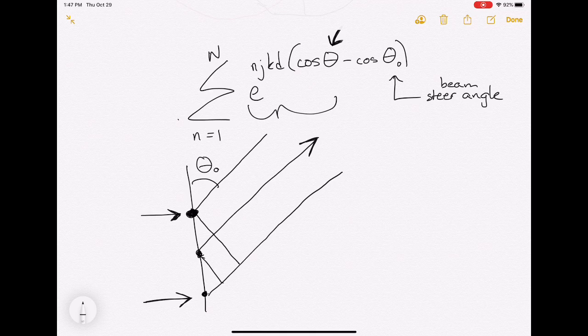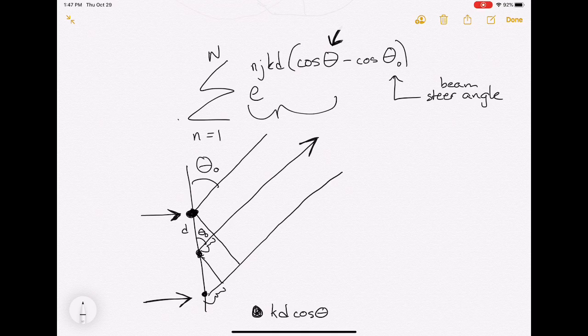So each one of them, if the separation is d and this angle is theta naught, then this length and also this length are, well, the length is d cosine theta. So the phase associated with that length is k d cosine theta.